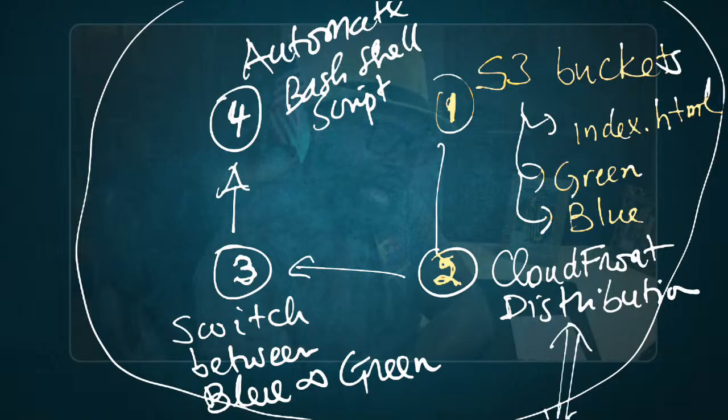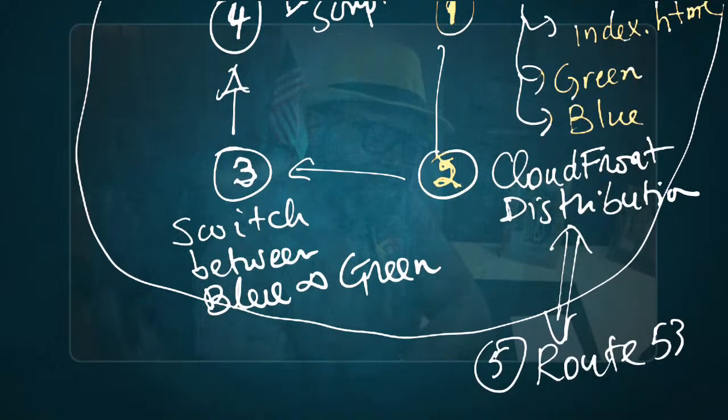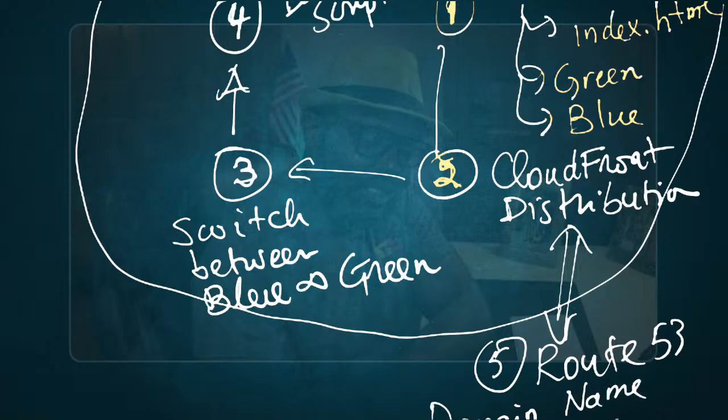You can also add, like number 5 here, Route 53. Route 53 is what allows you to customize your domain names, which we call DNS.